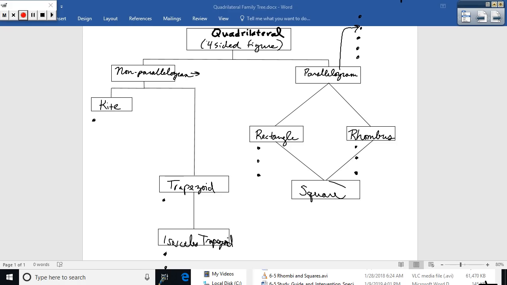The non-parallel sides are congruent. The second characteristic, like the isosceles triangle, the base angles are congruent. Base angles are congruent. And lastly, just like the rectangle, the diagonals will also have to be congruent. Diagonals are congruent.